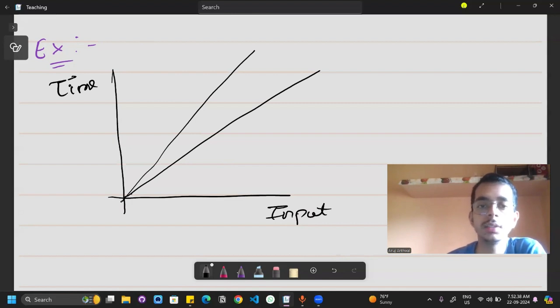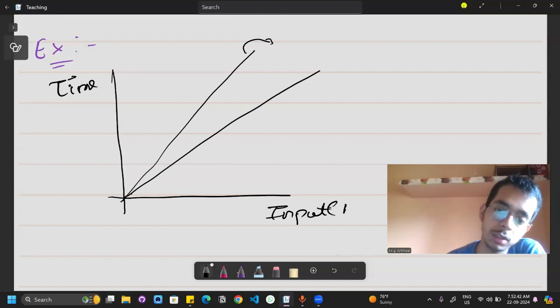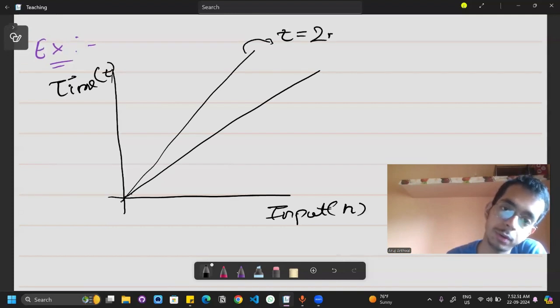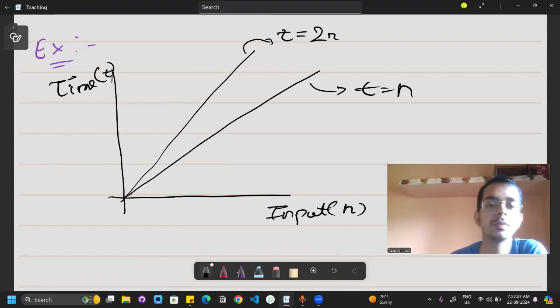Let's say input is represented by small n, and this is represented by t. So this graph is represented by t, and this is represented by 2t. Normally we use n.